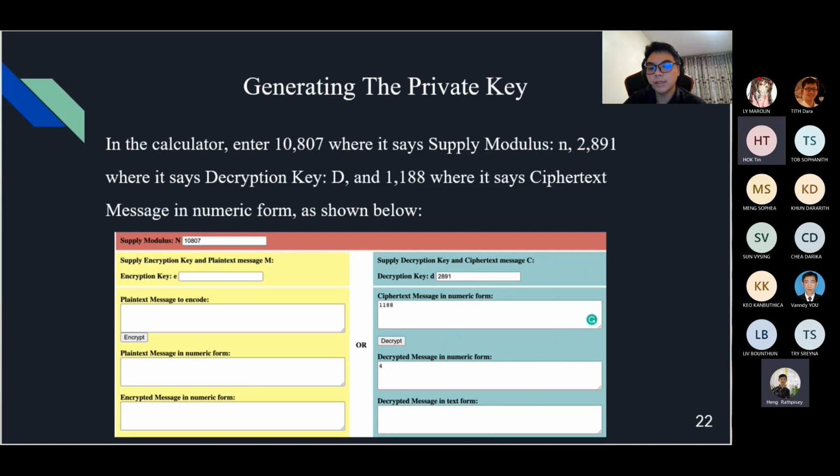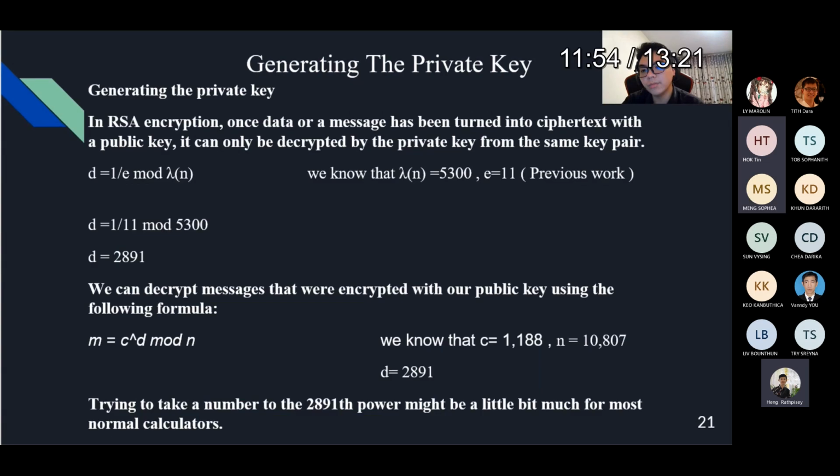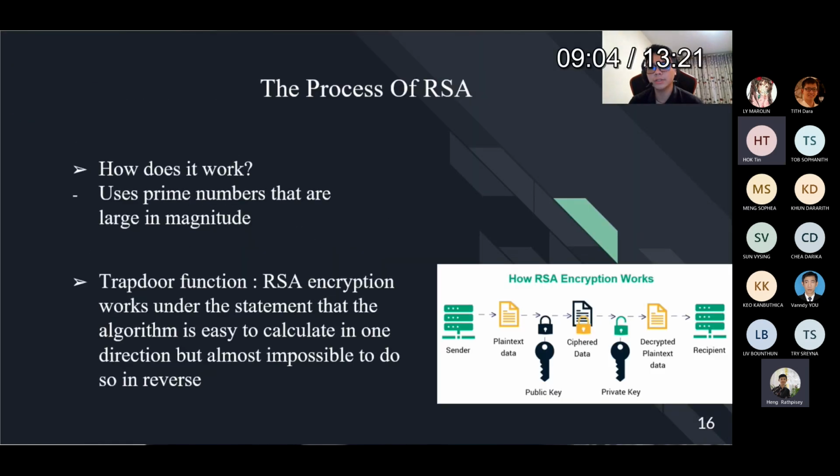Okay, actually, I know how it works in the encryption method, but can you go to page 16? Okay, teacher. Yes. Between the sender and the recipient, this is the example use case, but you implement it inside your smart card. In your system, which one is the sender and which one is the recipient, and how do they exchange the public key and private key? Do you know the process of that?